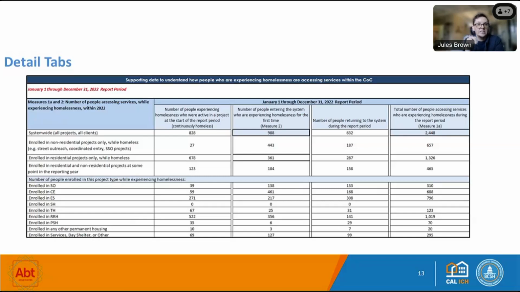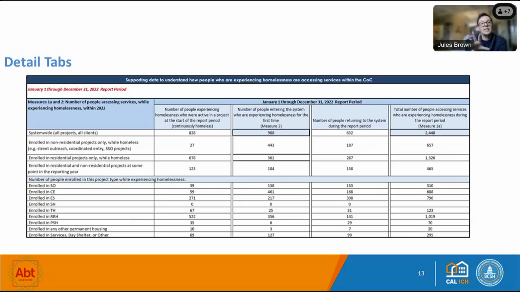So if they contacted a street outreach project and another kind of project, they would appear in that top row. SO is street outreach. And if they appeared in coordinated entry, which is that second row, CE, then they would also appear there. But again, they're broken out by their various measures, and you can see the folks who appear in measure 2 in that second column, and the folks that appear in measure 1A in that fourth column.